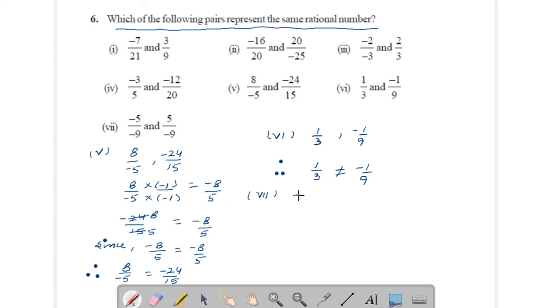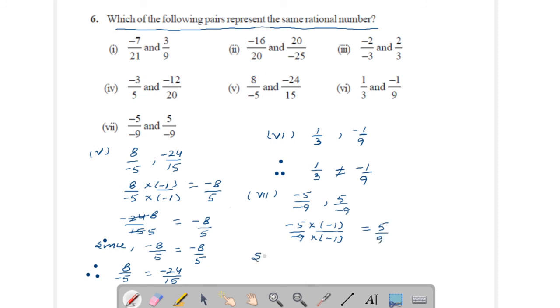Now come to seventh part. It is minus 5 upon 9 and 5 upon minus 9. Here minus 5 upon minus 9, multiply it by minus 1. You will get 5 upon 9.